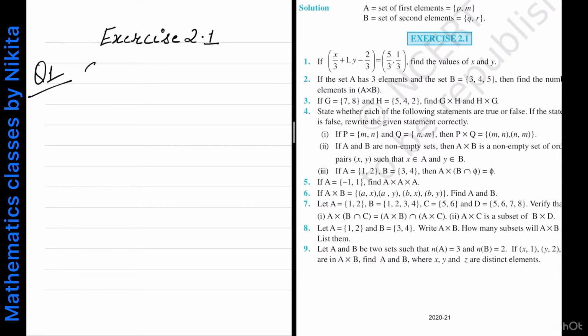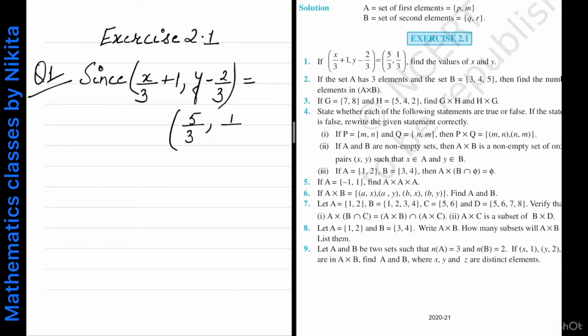Since it is given that x by 3 plus 1 comma y minus 2 by 3 is equal to 5 by 3 comma 1 by 3.